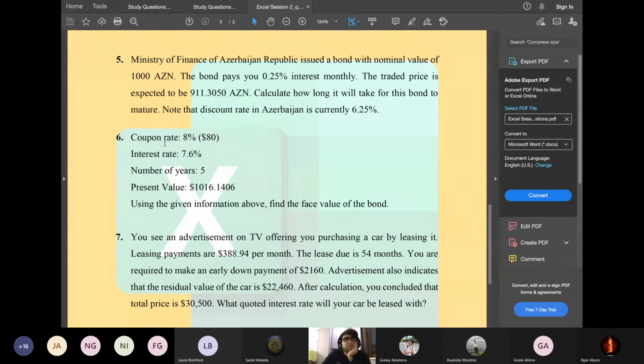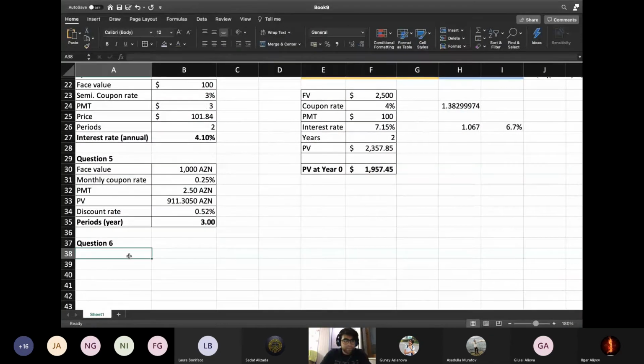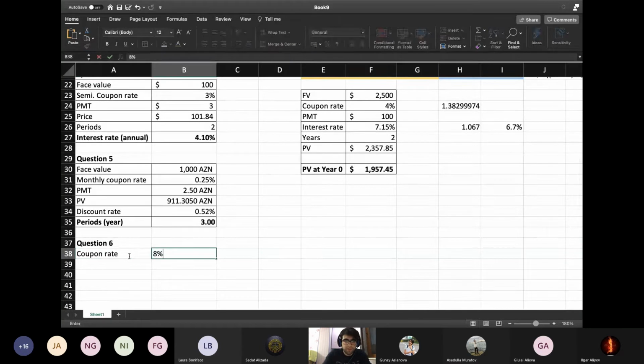It gave us coupon rate 8% or $80, interest rate 7.6%, number of years 5, and present value of that amount. Using the information above, find the face value of the bond. So we have coupon rate 8%.